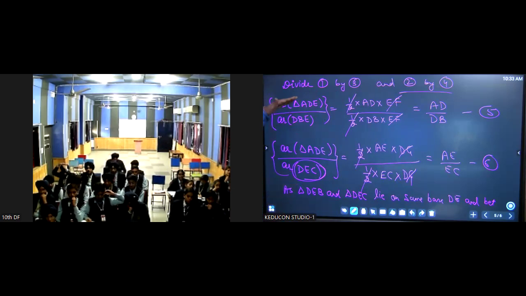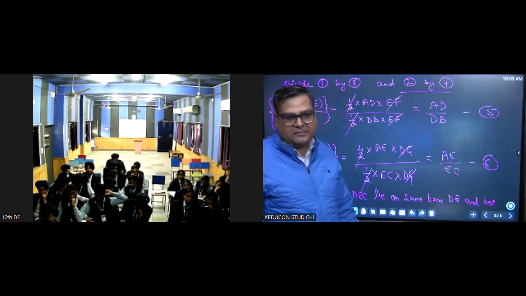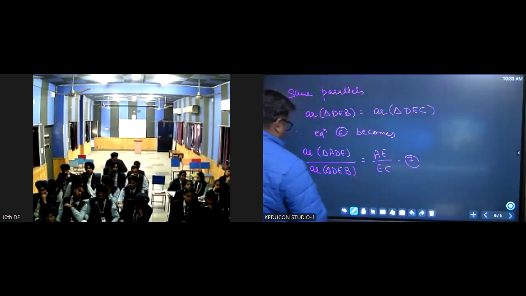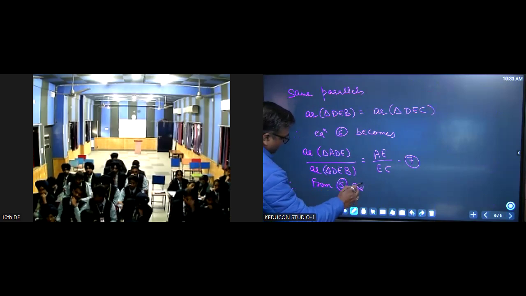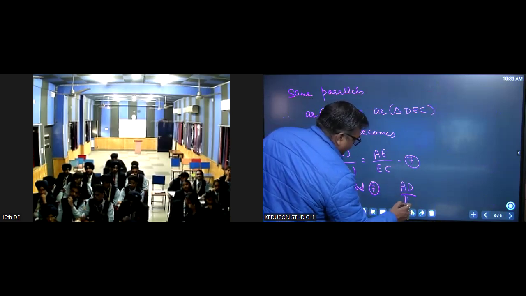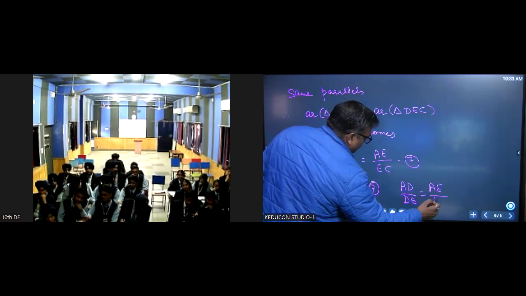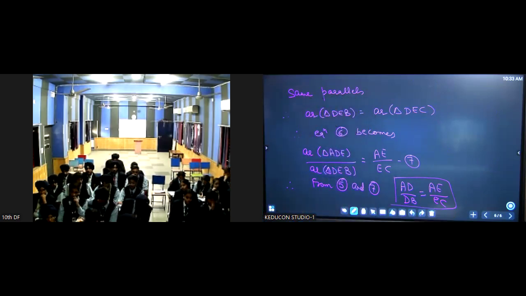So now this part and this part become equal. So therefore we can conclude AD upon DB is equal to AE upon EC. Right? So therefore from 5 and 7 आ जाएगा बच्चों AD upon DB equals AE upon EC. Right? So this will be the proof of the BPT.